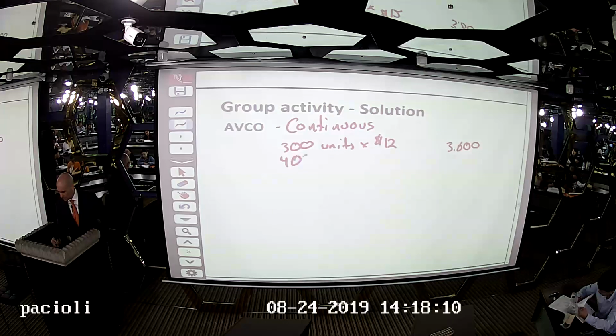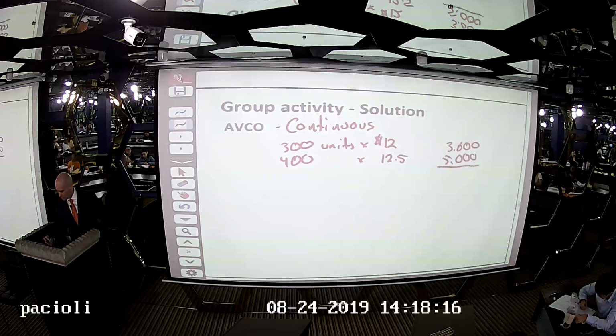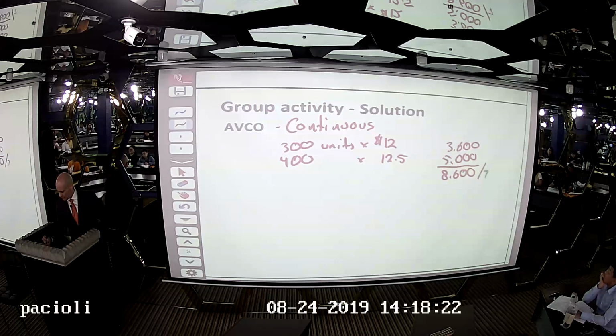And then we buy 400 units at $12.50. That's 5,000. So this is 8,600. 8,600 divided by 700, we have an average price of $12.29.